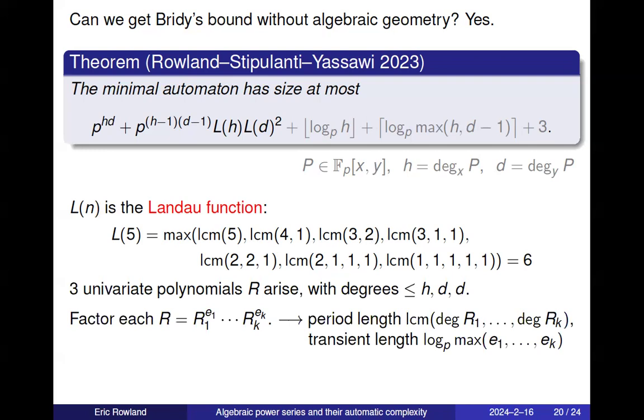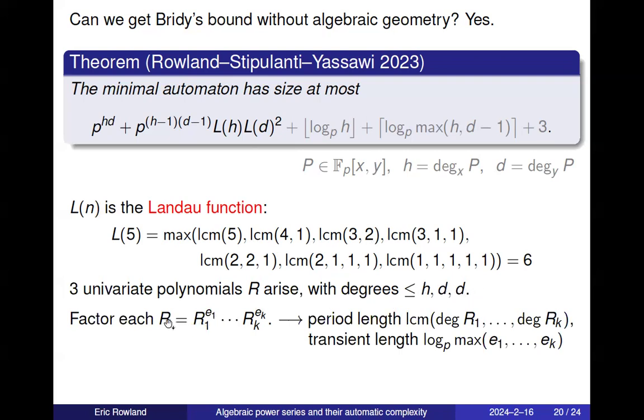Basically, we're dealing with bivariate polynomials. Each state is represented by a polynomial in x and y. It turns out that in some regions you can project to univariate polynomials. And so what we end up getting is 3 univariate polynomials arise. That's why there are 3 terms right here. So their degrees are going to be bounded by h, d, and d, the height and the degree.